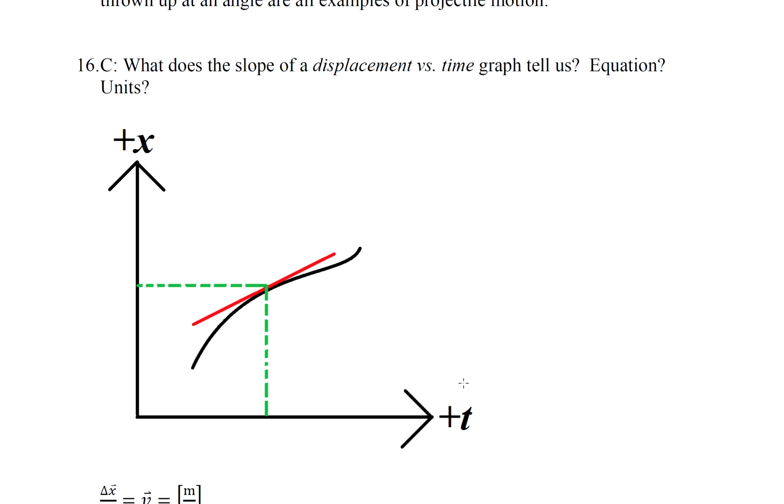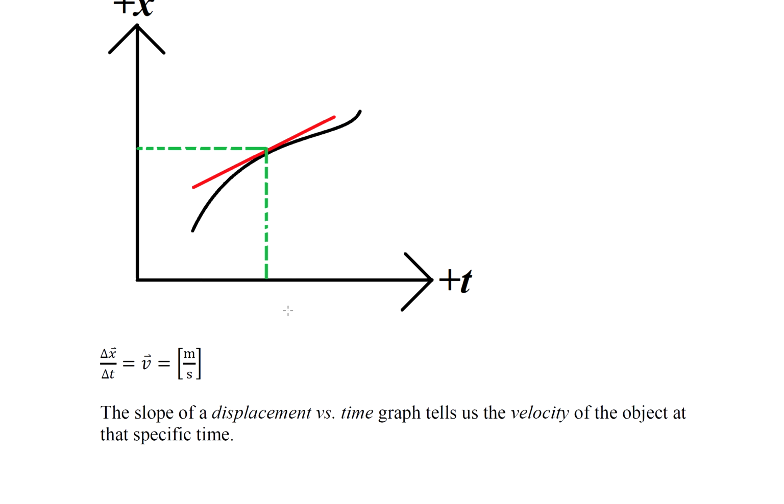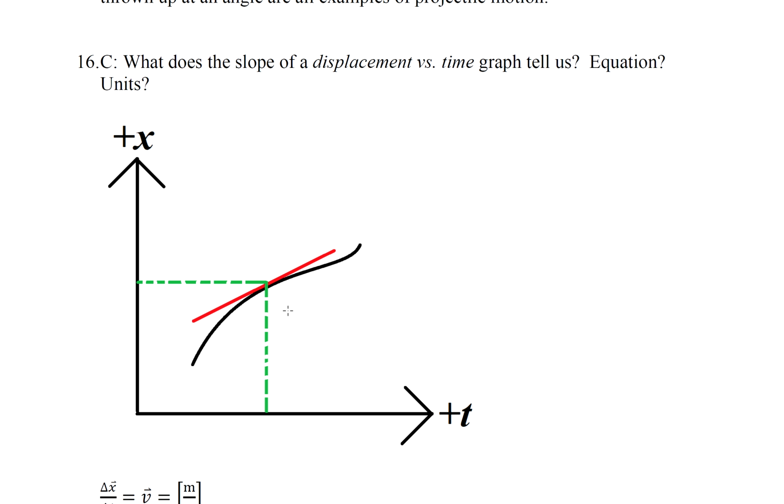Question 16, what does the slope of a displacement versus time graph tell us? Well, what's the slope going to be? It's going to have units of meters over seconds. What is meters over seconds? That's the velocity. So the slope of a displacement versus time graph tells us the velocity of the object at that specific time.